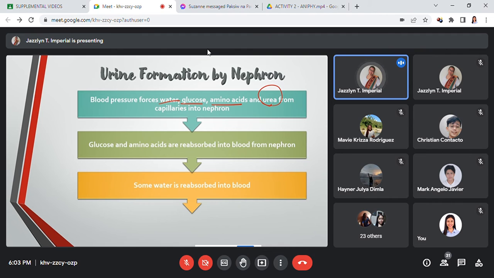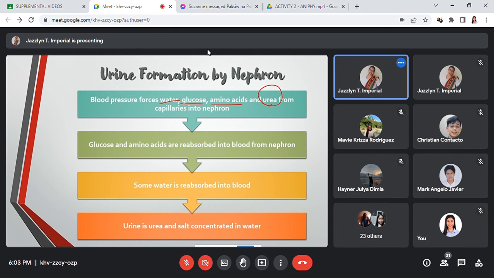This is in the collecting duct. Okay? That's why your urine becomes concentrated, because ang natitira sa urine mo is yung water and yung salt and yung urea. So urine is urea and salt concentrated in water. So that is your urine formation in the nephron.